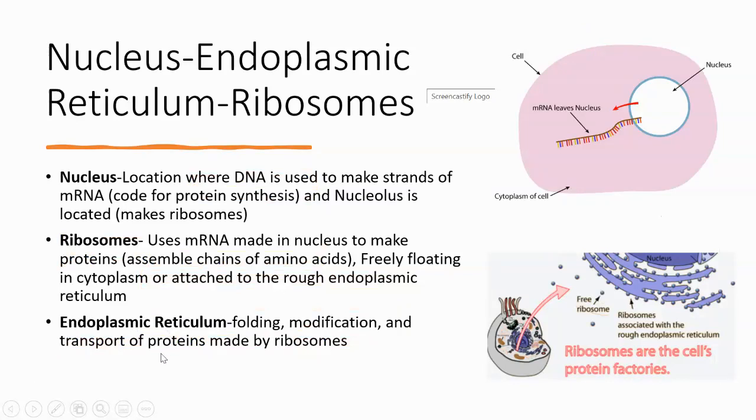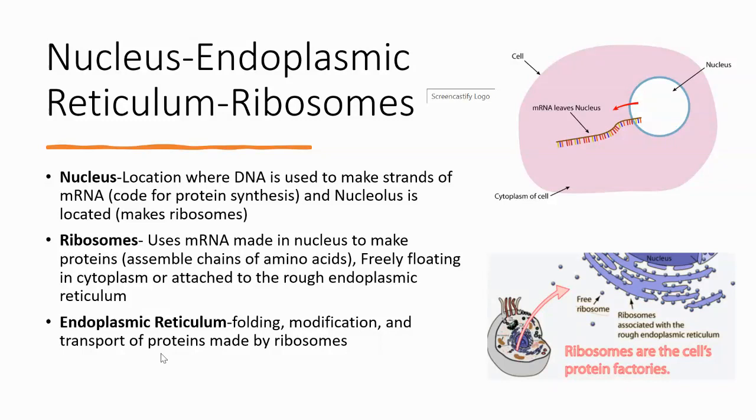So the way that these organelles work together is the nucleus has the code, and that code is copied into a messenger RNA strand. You also have the nucleolus inside of the nucleus that makes ribosomes. Ribosomes use the RNA, that code that comes from the nucleus, to actually make proteins or assemble chains of amino acids, also known as polypeptide chains.